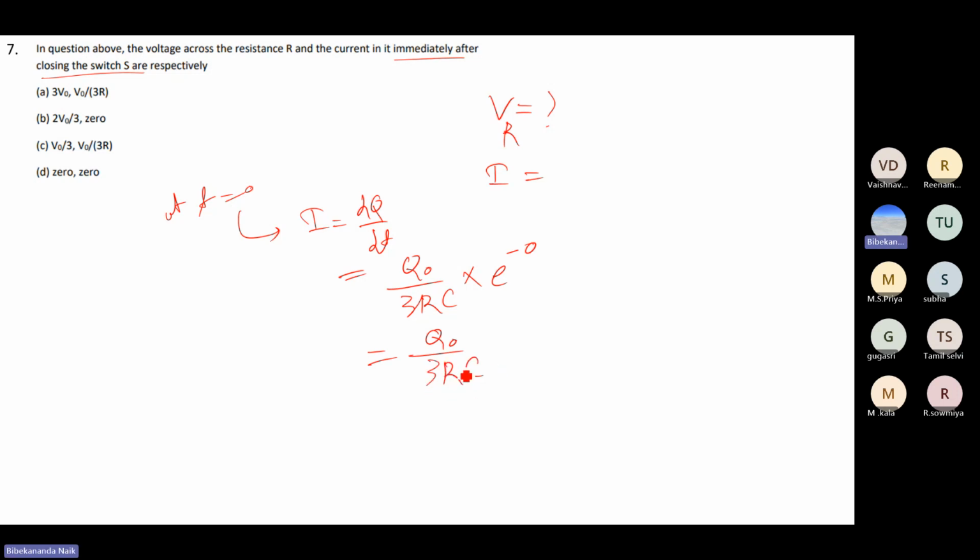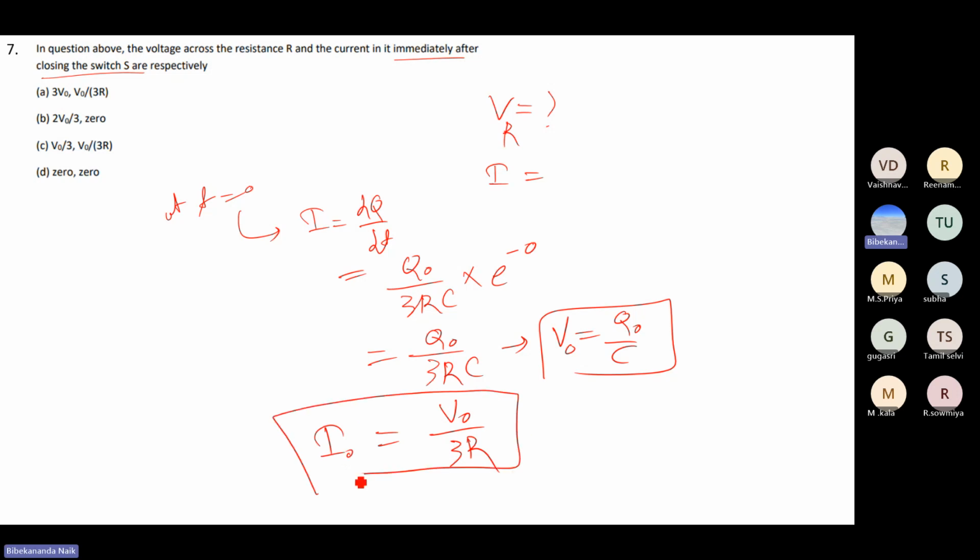Now we know Q0 by C is V0, so it will be V0 by 3R. So the current immediately after the switch S is closed is V0 by 3R.